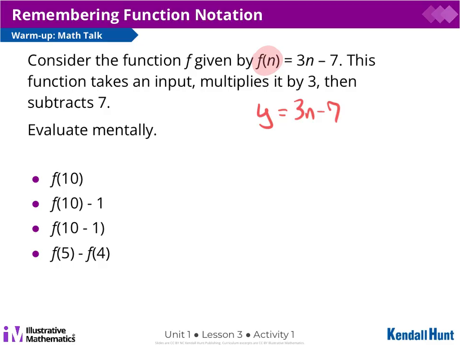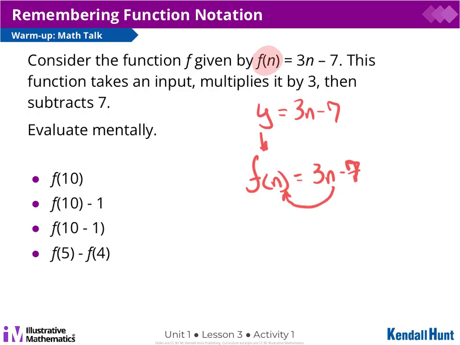Now we're in Algebra 2, we're going to change y, the output, to f of n. It's the same thing, but the variable is your input. So that lets you know whatever the variable is, that's your input.